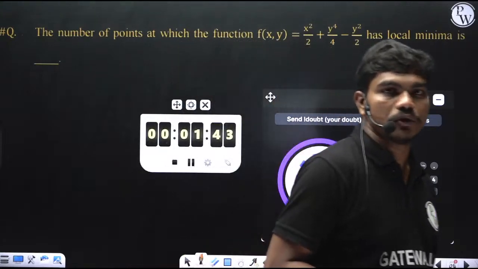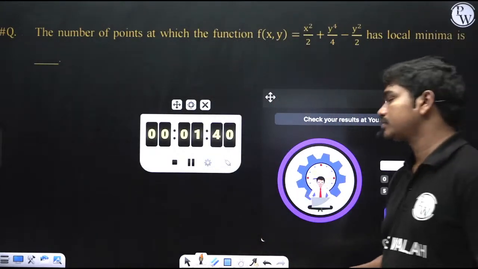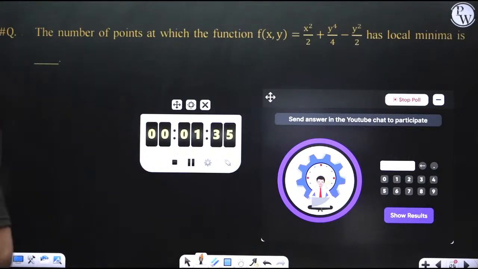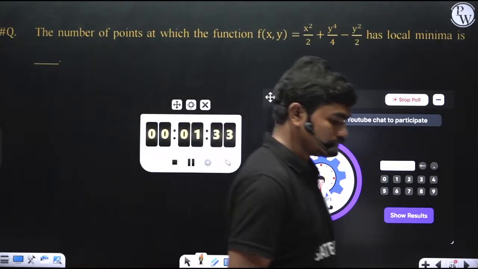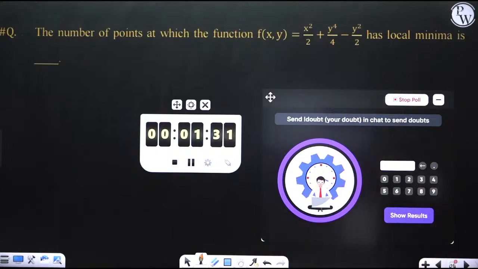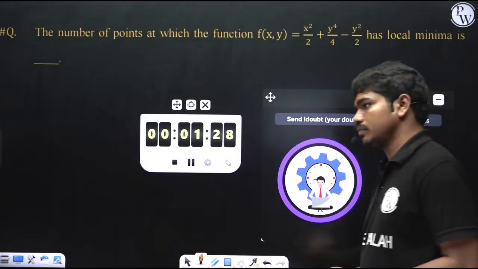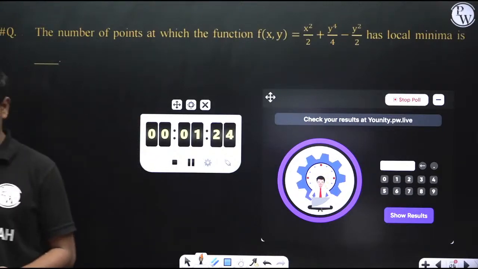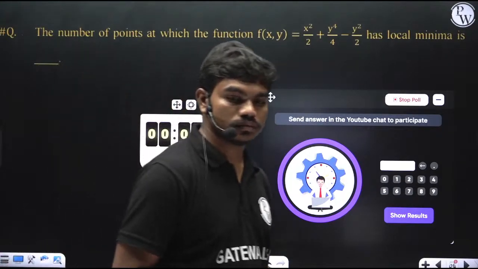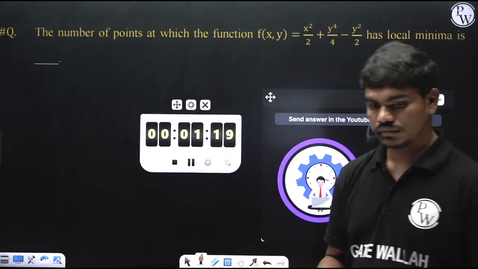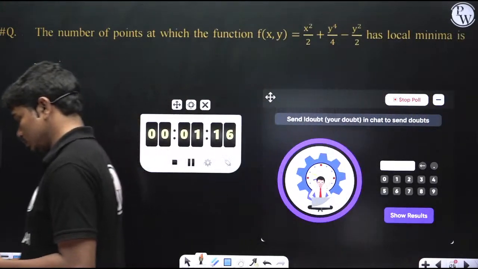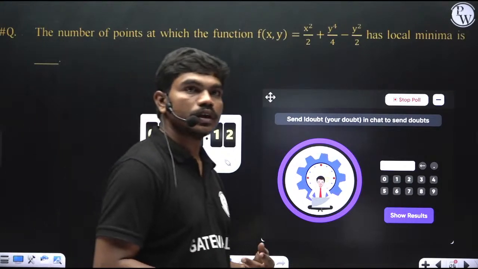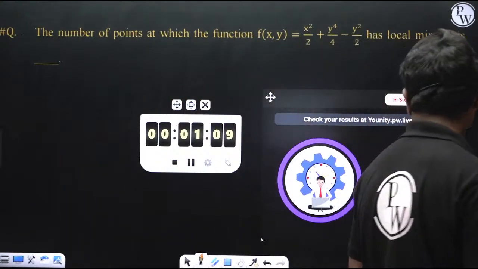1 is the answer. You have only one minimum, maybe. Let's check. Two, maybe. Let's check.